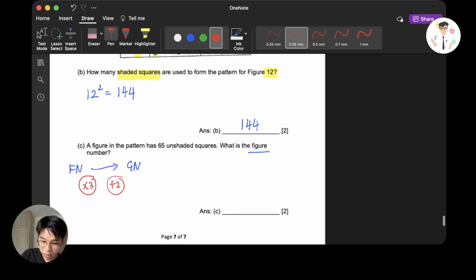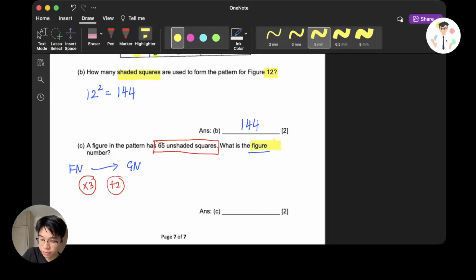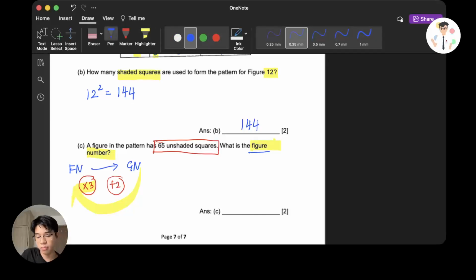But this round, what is interesting is that the figure number is not given, but I'm given the given number. I'm given the given number, which is 65. So what am I supposed to do to find the figure number? I'm supposed to reverse. If I were to reverse, means that everything will turn back. So 65 is my given number.